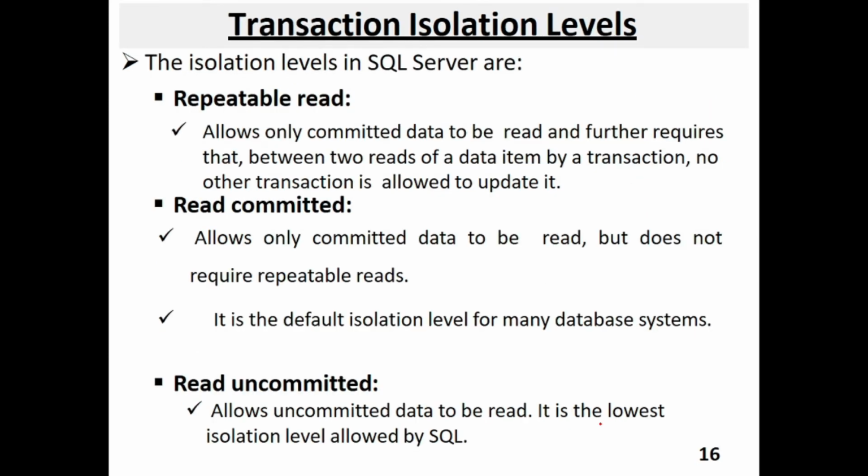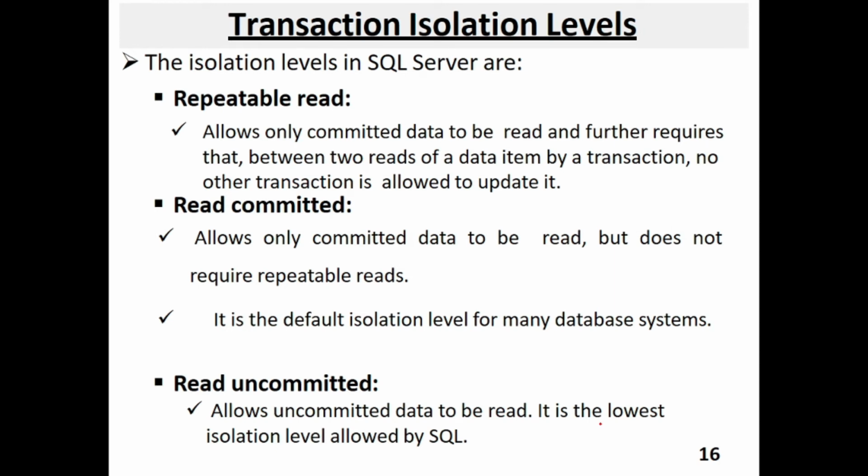Transaction isolation levels. The isolation levels in SQL Server are repeatable read, read committed, and read uncommitted. These are the levels of isolation. Repeatable read allows only committed data to be read and further requires that between two reads of a data item by a transaction, no other transaction is allowed to update it.